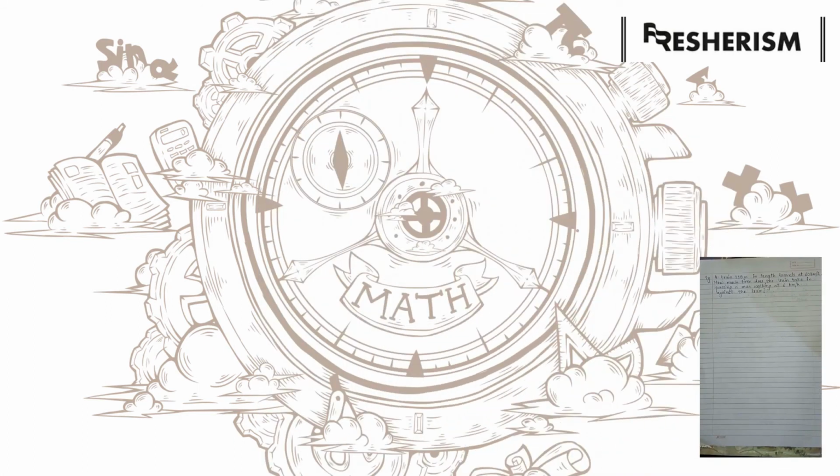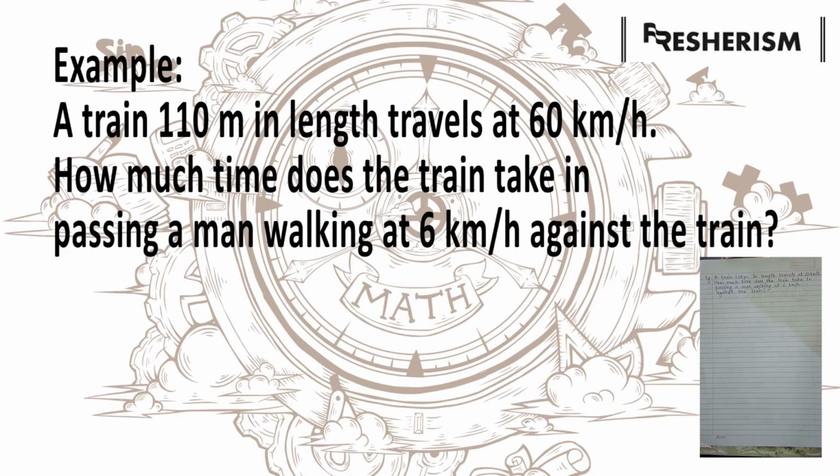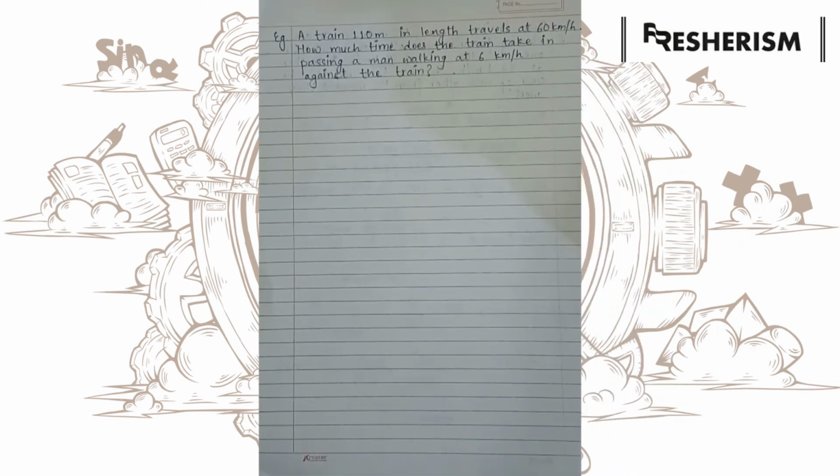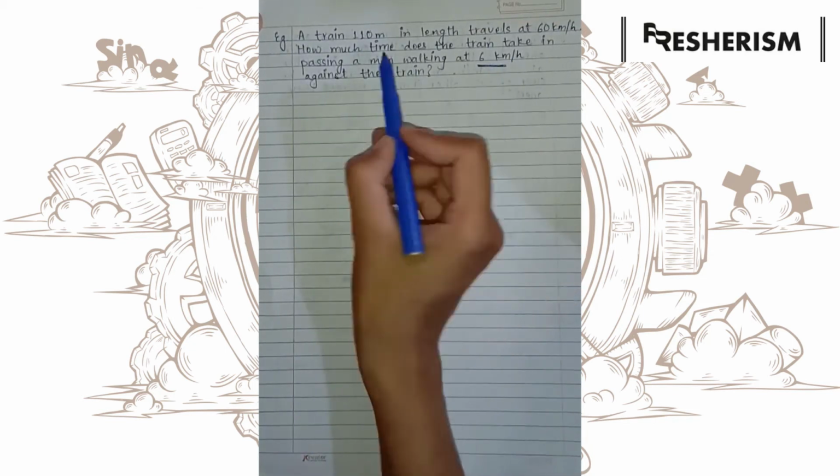Let us do another question. A train 110 meter in length travels at 60 kilometers per hour. How much time does the train take in passing a man walking at 6 kilometers per hour against the train? In this case, we are given the length of the train and the speed of the train, and the speed of the object, which in this case is a man.